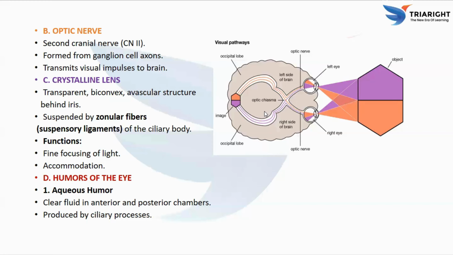The left optic tract carries information from the right visual field, whereas the right optic tract carries information from the left visual field. So next, after the optic tract, it is the occipital lobe. This is the primary visual cortex. Both the optic tracts send signals to the occipital lobe, where the brain forms the final visual image. So this is the visual pathway that sends the information from the eye to the brain.